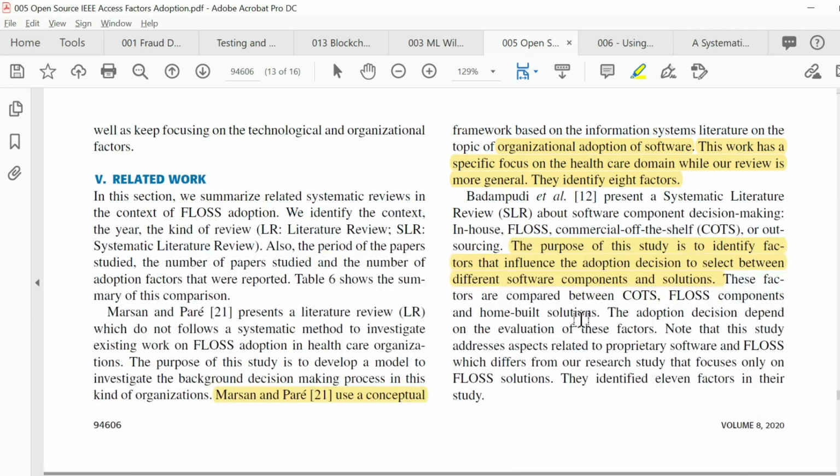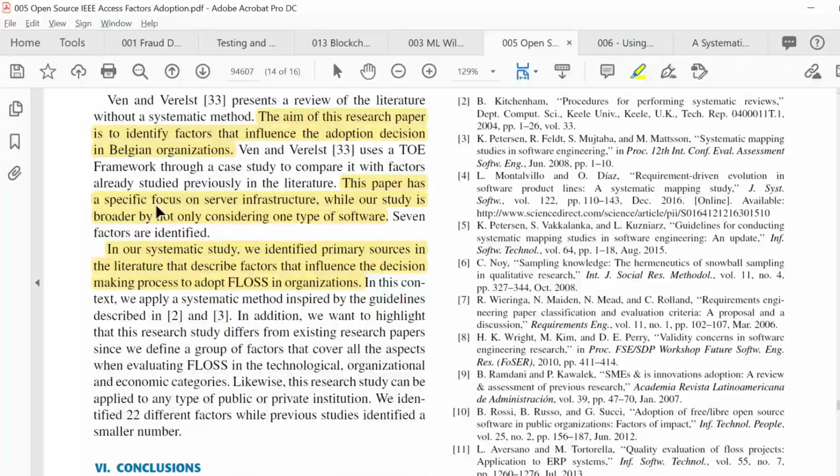So there is a reasoning that is given here. Similarly, a few more research papers, and what is their contribution, what is the aim.